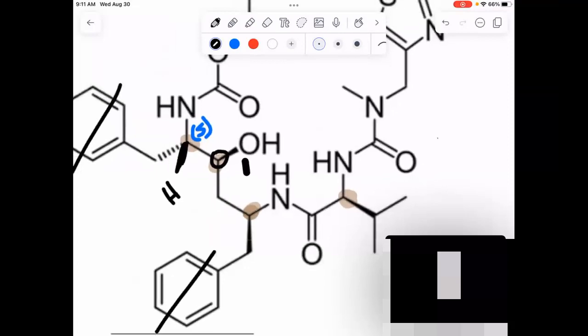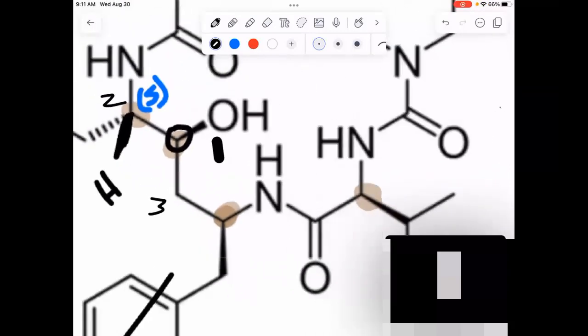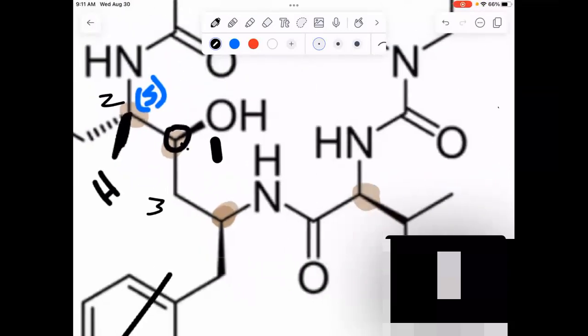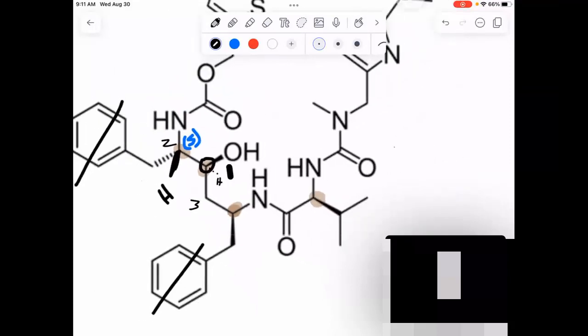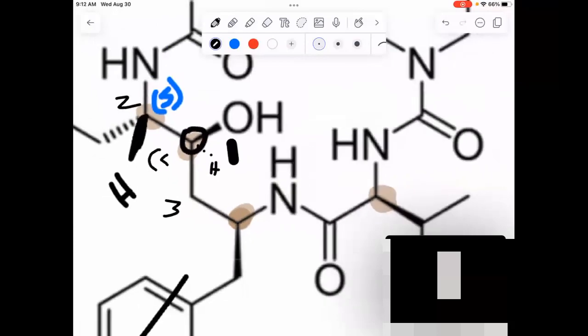The second one would be the carbon connected to the nitrogen. And the third one would be the carbon connected to the other carbon. And where's the hydrogen in this case? The hydrogen is going backwards. It's already pointed back, so you don't flip the rotation. That's counterclockwise, so that'd be sinister. Yes, that's right.